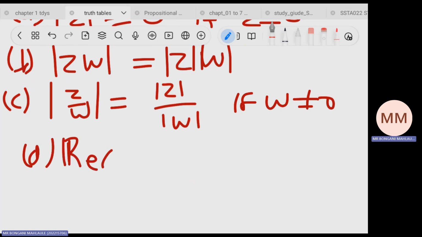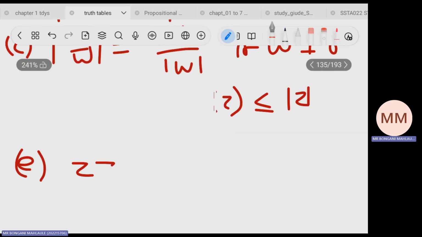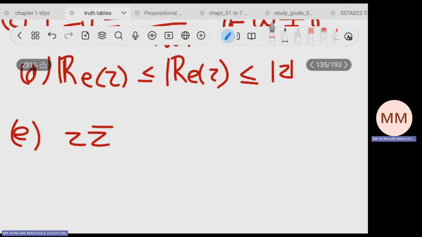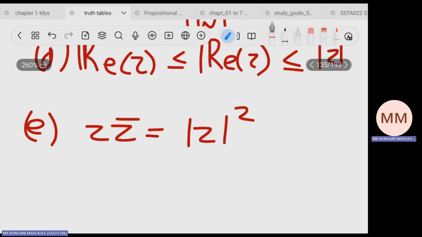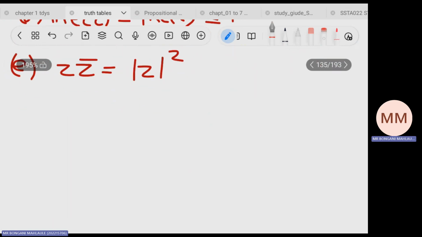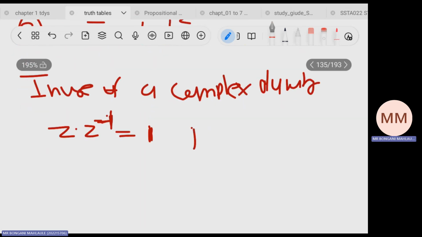Then the real part of z will be less than or equal to the modulus of z. So I suppose that you're going to check these properties. Z times the conjugate of z will be the modulus of z squared. Okay, so now we've got the inverse of a complex number. So z times z inverse is equal to 1. I want you guys to prove this.